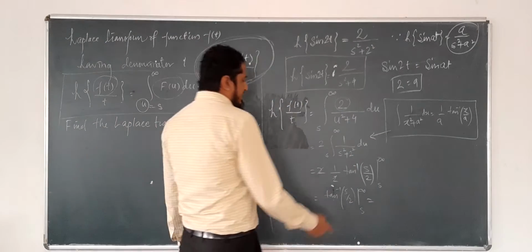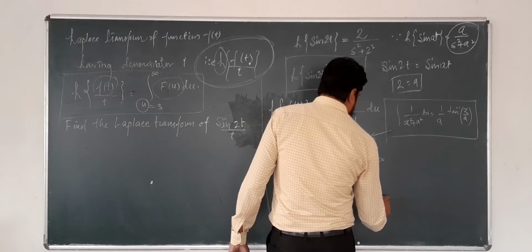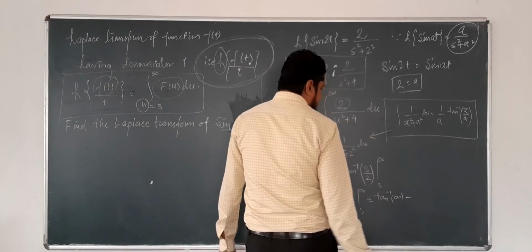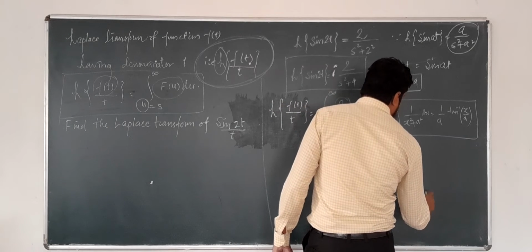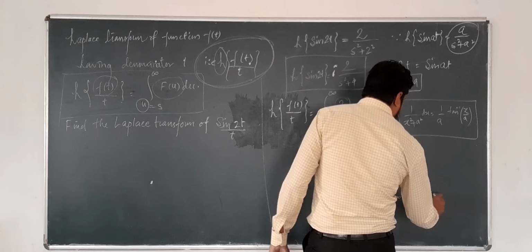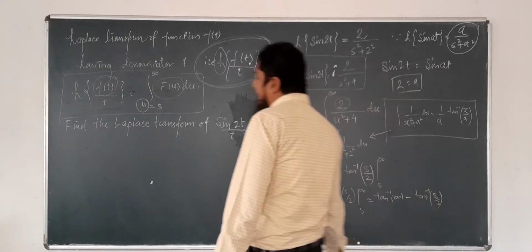So putting the limit, tan inverse infinity minus tan inverse of pi by 2, tan inverse of s by s. Correct?